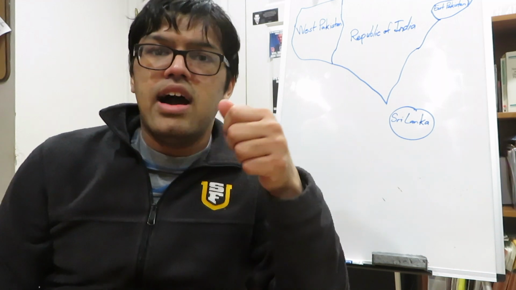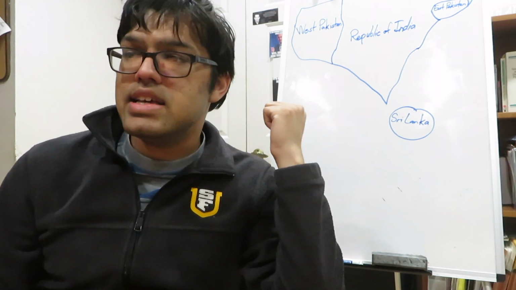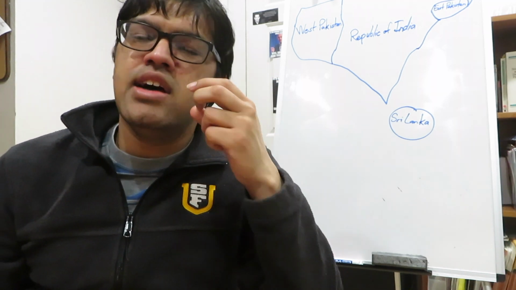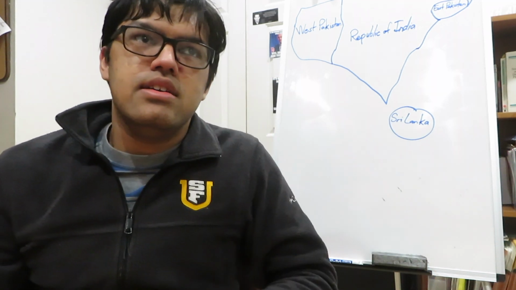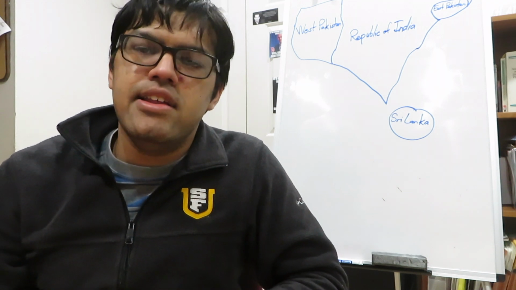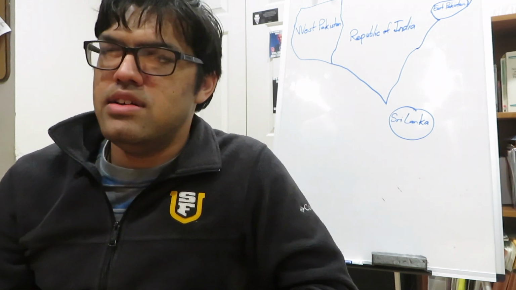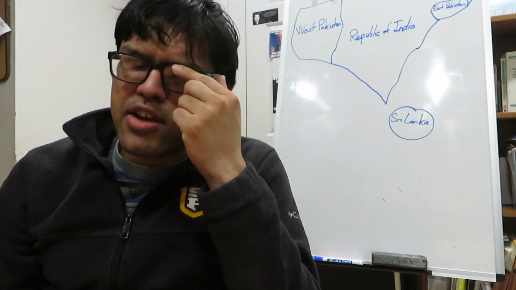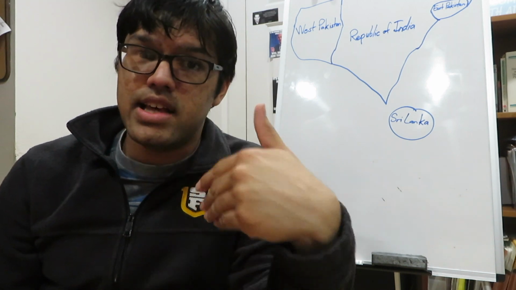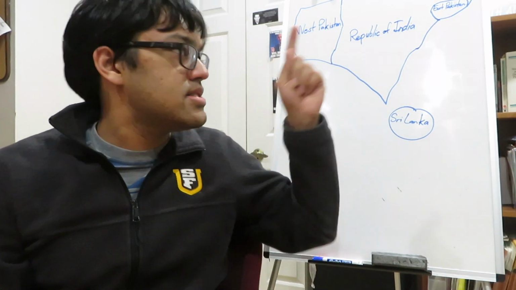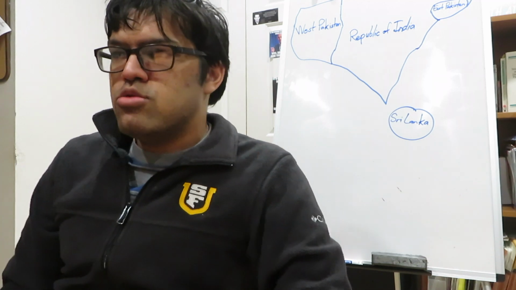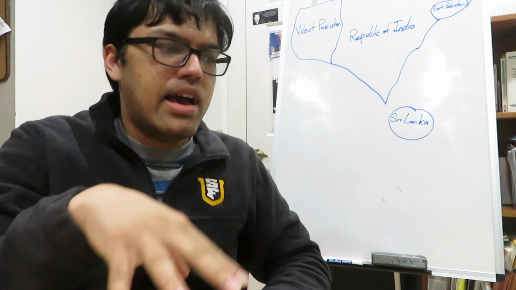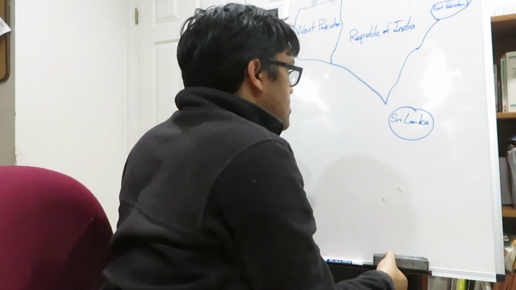Now, as you can see, I wrote down West Pakistan and East Pakistan. This is because Bangladesh did not exist yet when the Raj first obtained independence in 1947. Still, during the early 1970s, when my parents were just kids, East Pakistan became Bangladesh, whereas West Pakistan became Pakistan. So now, let me add in new names.